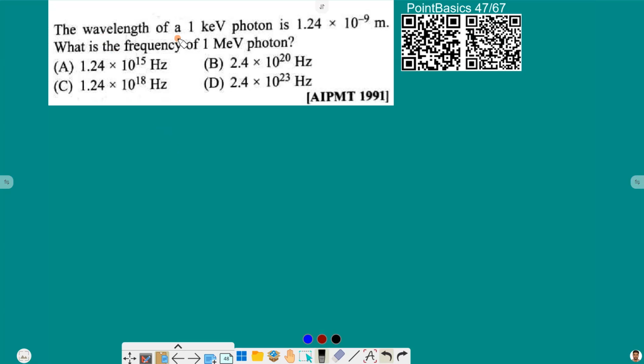Next one, the wavelength of a 1 kilo electron volt photon is given by this value, find the frequency of a 1 MeV photon. Now, you might have a doubt that we can directly calculate the frequency of a 1 MeV photon. How? We know that energy is equal to h times nu.